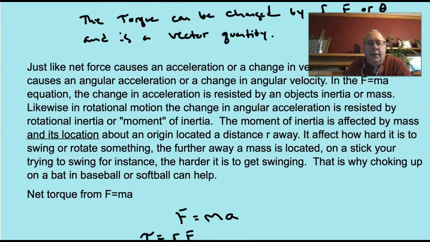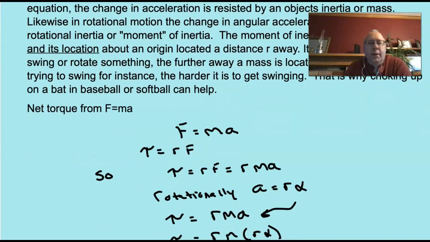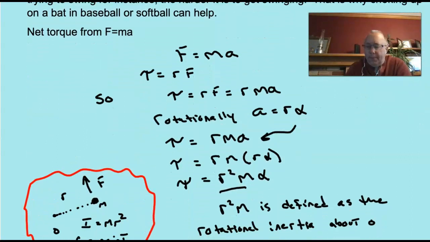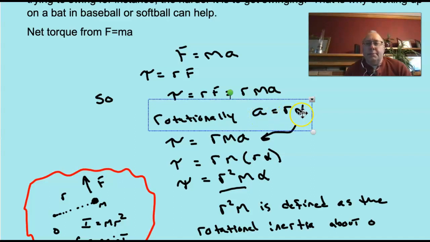But let's take a look at the general equation for the net torque, and how we can get there from our F equals ma, our second law equation. Beginning with F equals ma, we know that to produce a torque, we can simply multiply our force by r, in the simplest sense. So I multiply r times F, and I can also multiply the ma times the r. Rotationally, you've learned that the linear acceleration can be expressed as the radius times the angular acceleration of the rotating object.